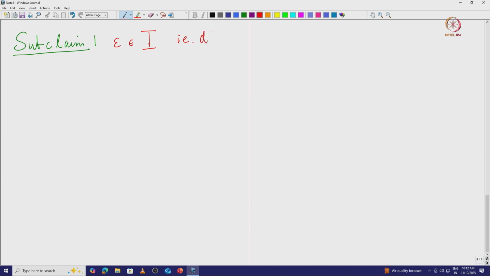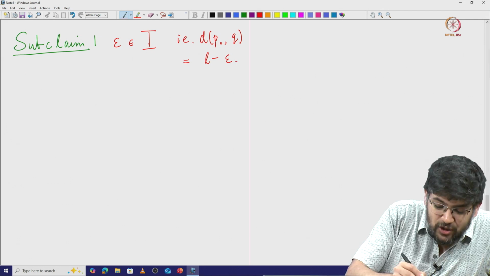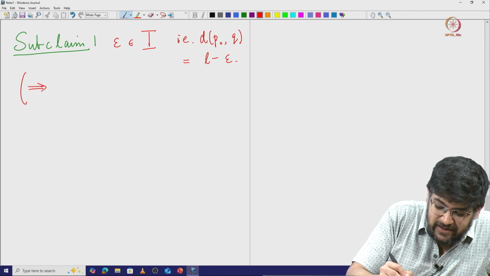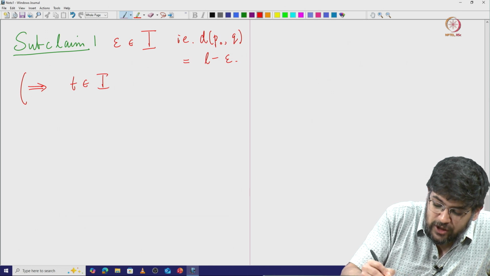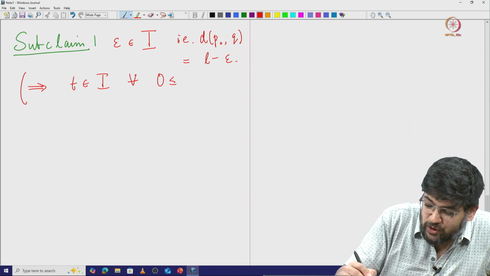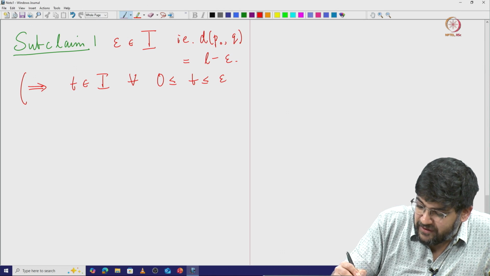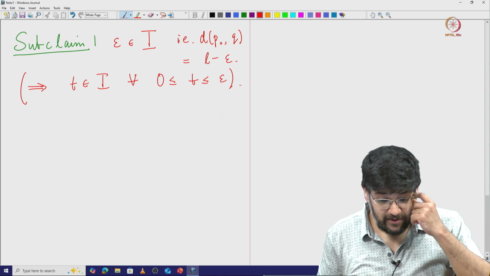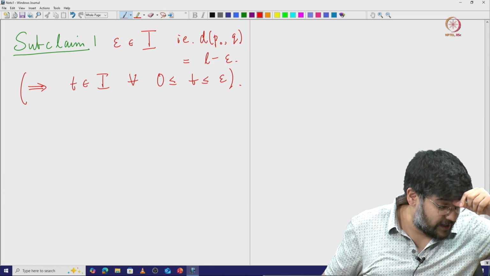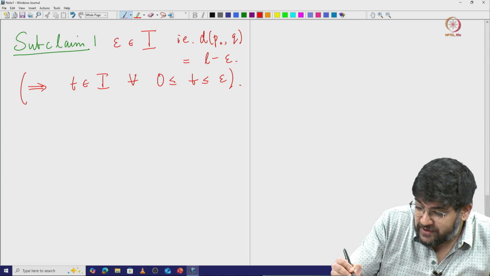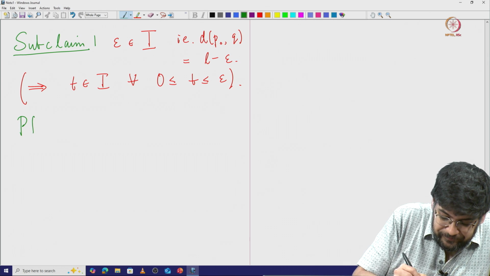That means that the distance of P naught to Q is actually equal to L minus epsilon. So note that this actually will imply that t belongs to I for all t between 0 and epsilon, okay. Alright, so how do you prove this?